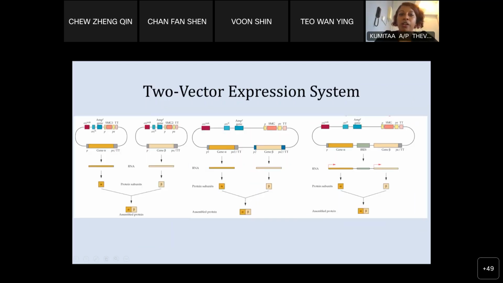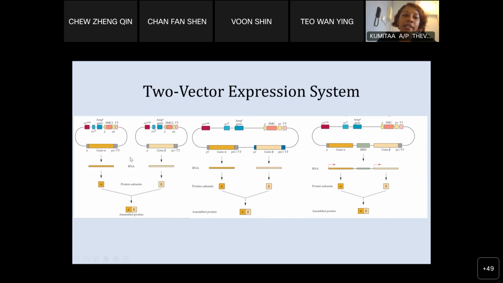With mammalian expression systems, you also have what is known as the two-vector expression systems. Even though you see three different vectors or expression systems here, they all give you a similar final product, which is an assembled protein of alpha and beta. So I'll quickly walk you through what the differences are.